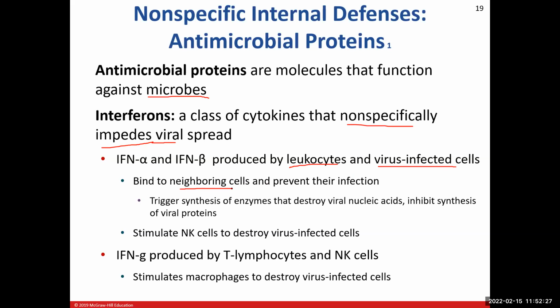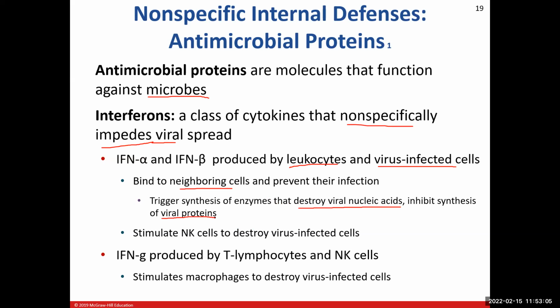Because basically, when viruses infect a cell, they're going to turn that cell into a virus-making factory. They're going to use the parts and resources of that cell to make more viruses. So what the alpha and beta interferons do is help to destroy the nucleic acids that viruses use to replicate, and it also helps to stop the virus from being able to make its own proteins.